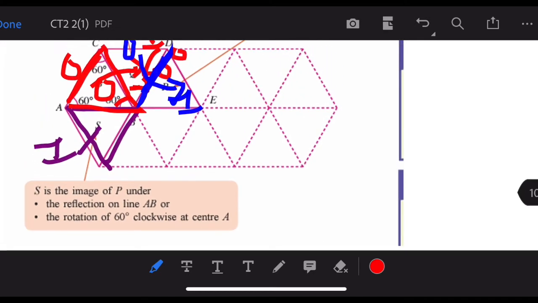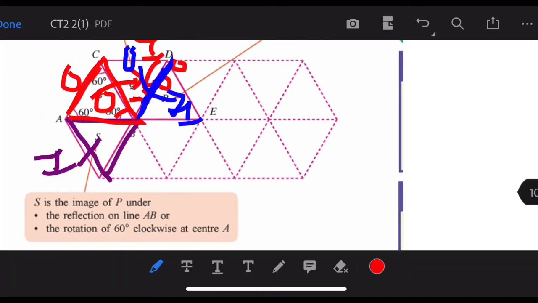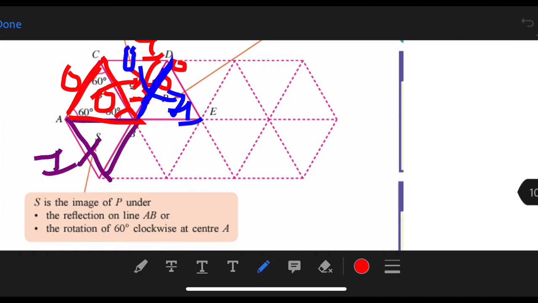And the rotation of 60 degrees clockwise at point A. So if we rotate the red one, we'll get the purple one. Rotation of 60 degrees, center A. So we have to mention three things.